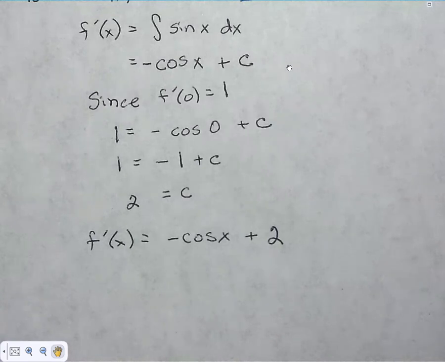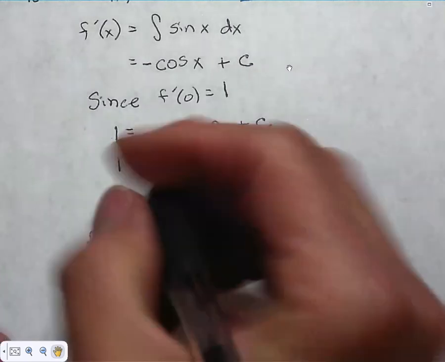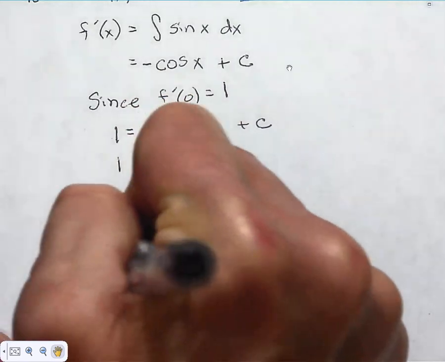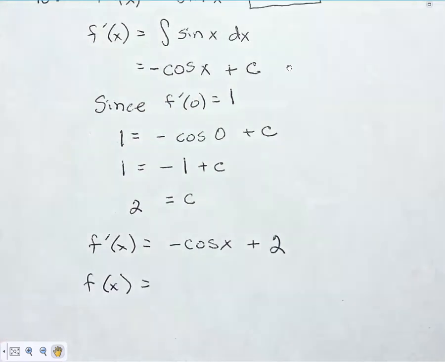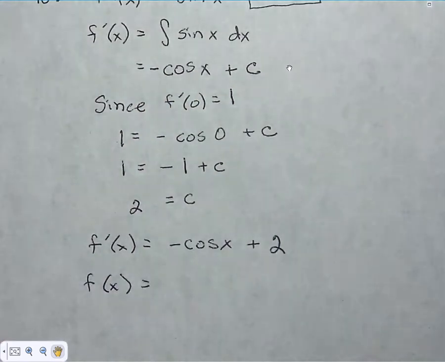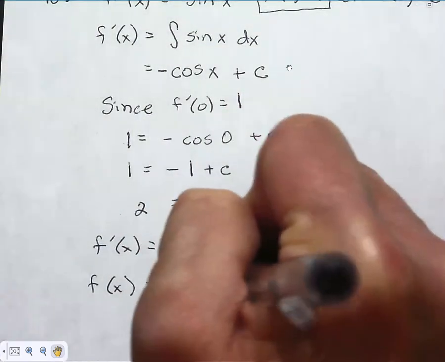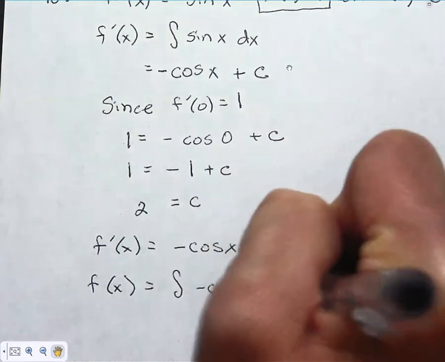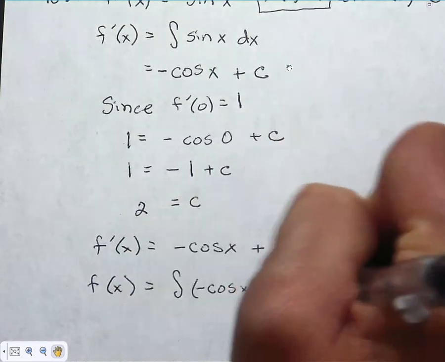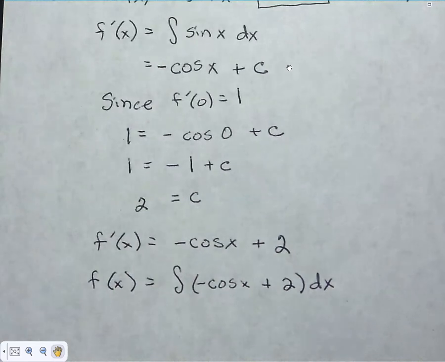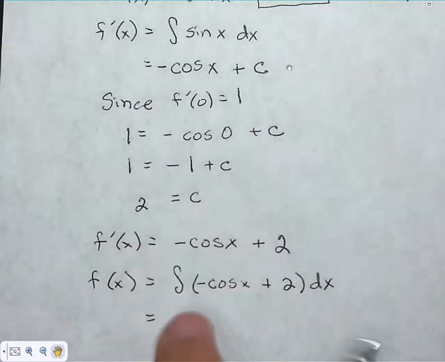That's what the first derivative is, but we want what the original function is. So if we have the first derivative, how can we find the original function? Anti-differentiate or integrate negative cosine x plus 2 with respect to x. And what is the antiderivative of negative cosine x?